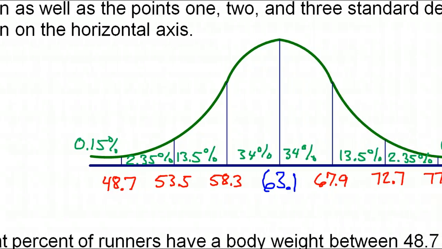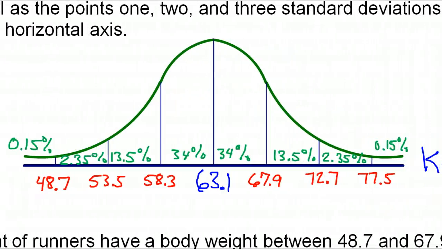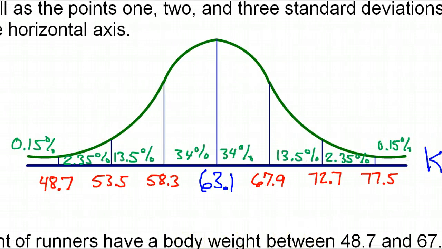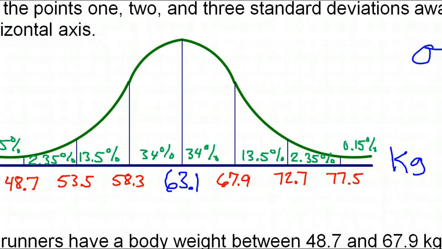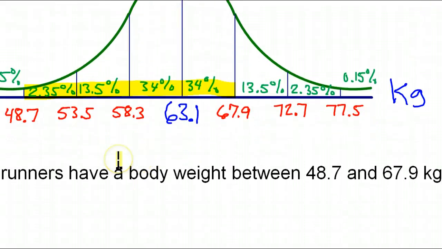So with those values in mind, what percent of runners have a body weight between 48.7 and 67.9? Okay, fine. Well, 48.7 is right here, and 67.9 is right there. So I could just add up all these percentages.